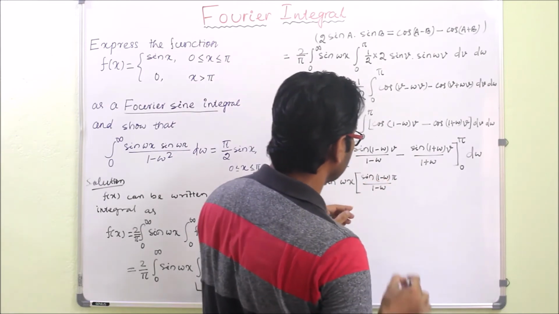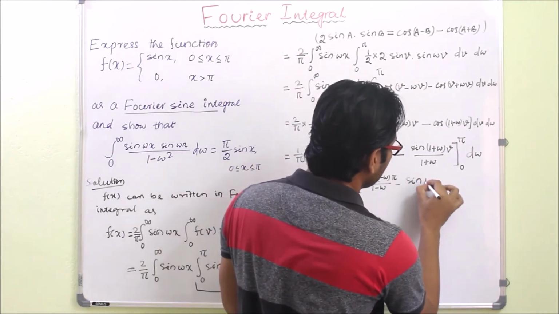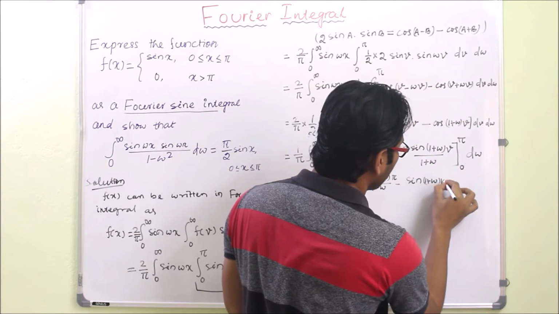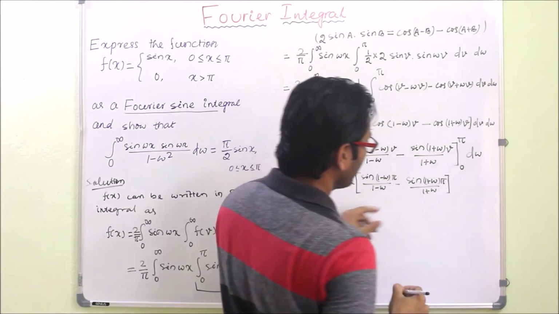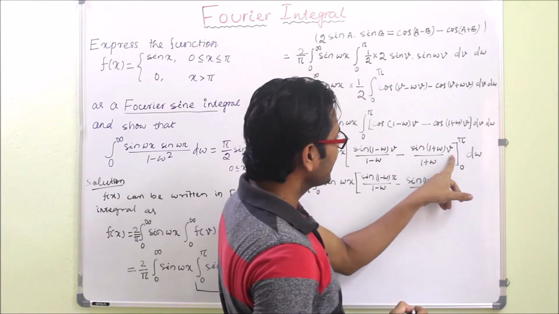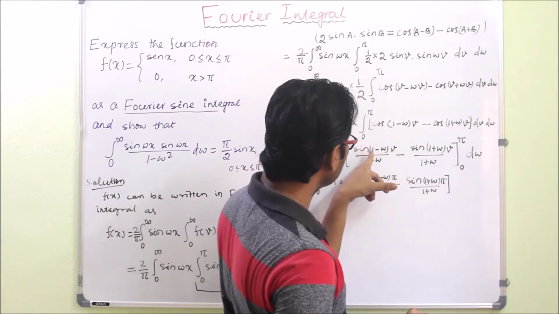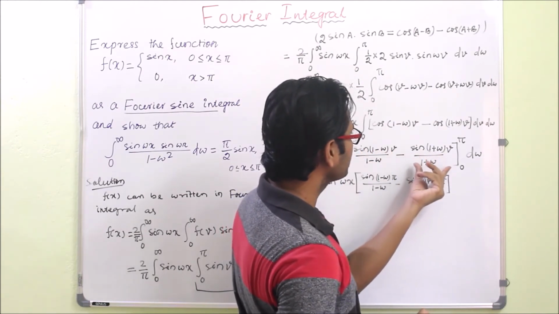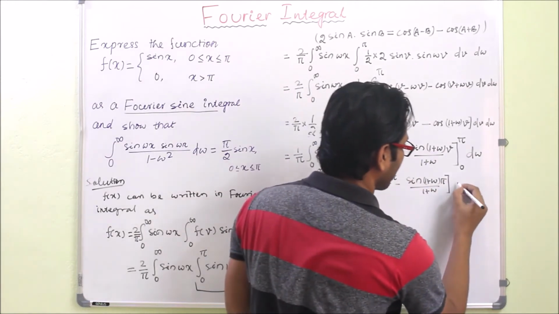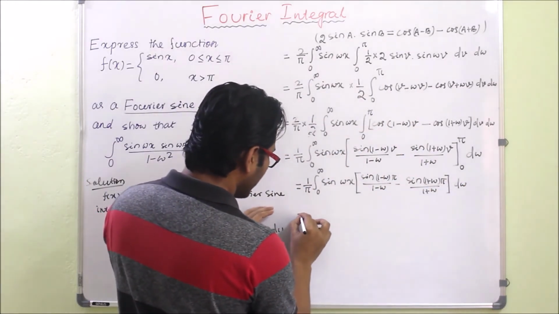That's why we will keep it as it is, minus sin 1 plus w into pi by 1 plus w. And the next, if I put v is 0, the first term sin 1 minus w into 0, that is sin 0, will be 0, and the second term also 0, so no need to write here. dw.